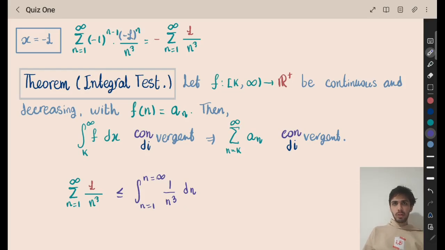Now I imagine this is not by any means a difficult integral to compute. This should give us minus 1 over n squared times 2.